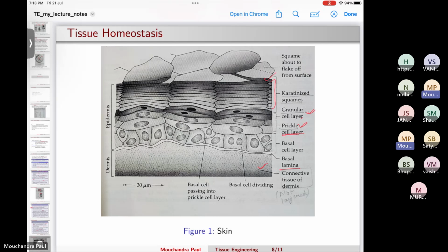So we have not yet covered the tissue repair process, but I can say about burns: the level of burn can be such that it only destroys the epidermis layer, or it destroys both the dermis layer as well as the epidermis layer.